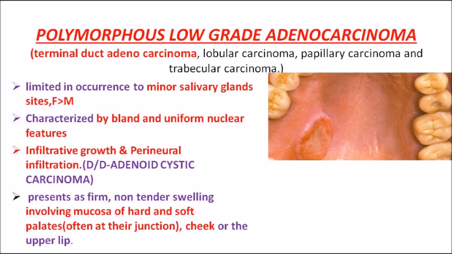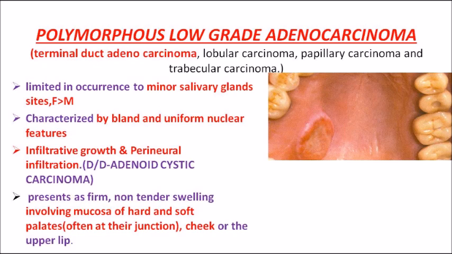If you see under the microscope, characteristically we can see bland and uniform nuclear features. PLGA also shows perineural infiltration. Just like adenoid cystic carcinoma, PLGA also shows perineural invasion, but the difference is that adenoid cystic carcinoma is very rarely seen in minor salivary glands, especially in the region of palate.